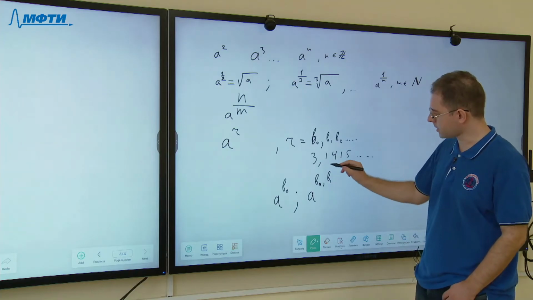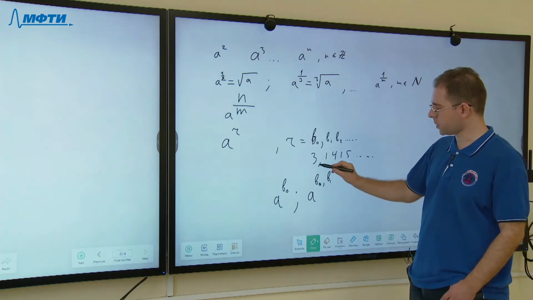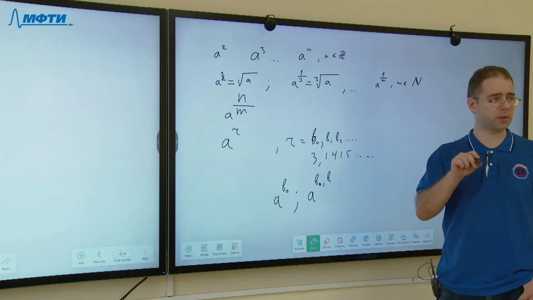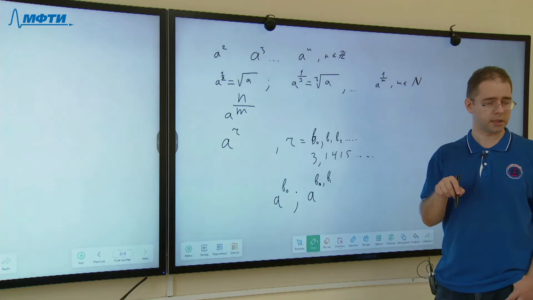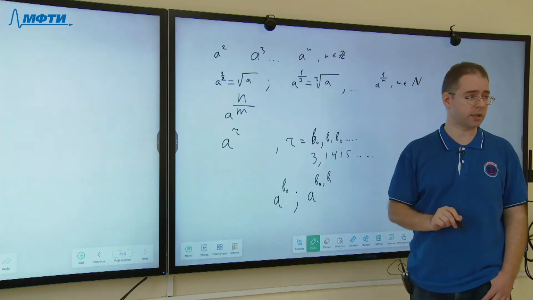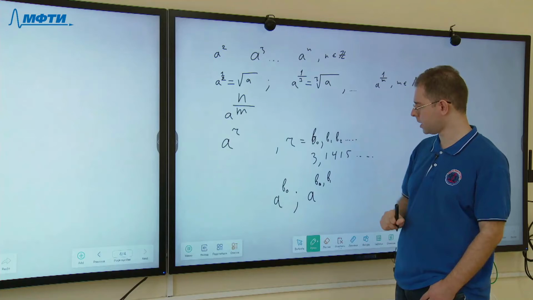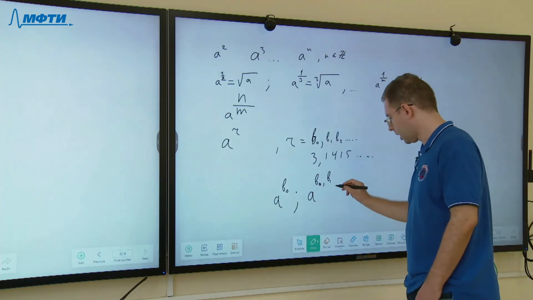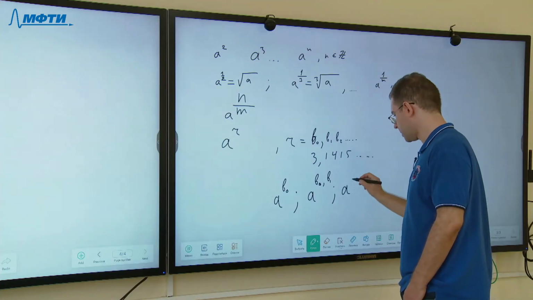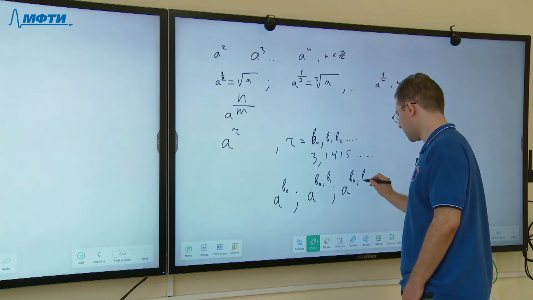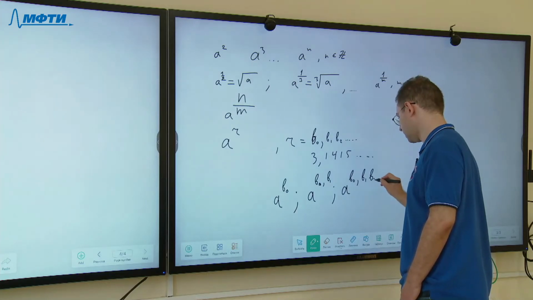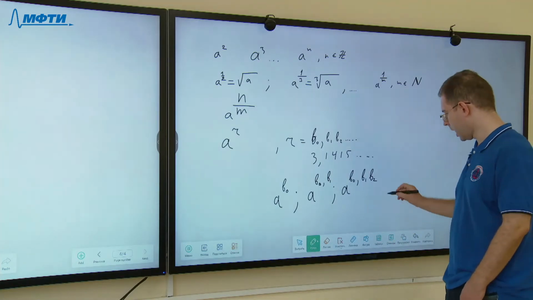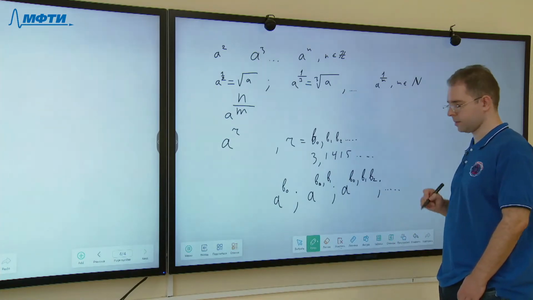So in my example, that would be power 3.1. 3.1 is, of course, just 31 divided by 10. So this number is a rational number. And using this idea, I can understand what it means to raise to this power. Then a to power b0, comma b1, b2, which is also a rational number, something divided by 100, and so on, and so on.